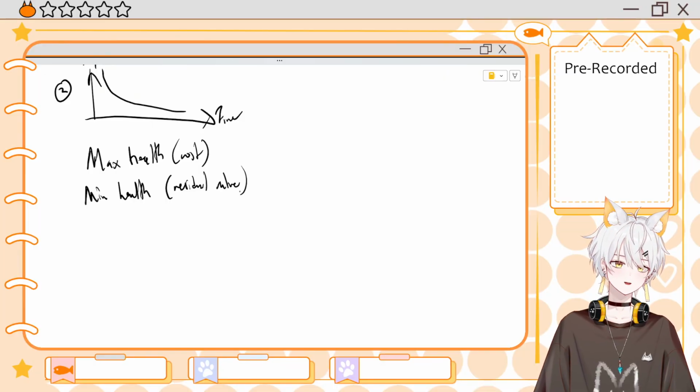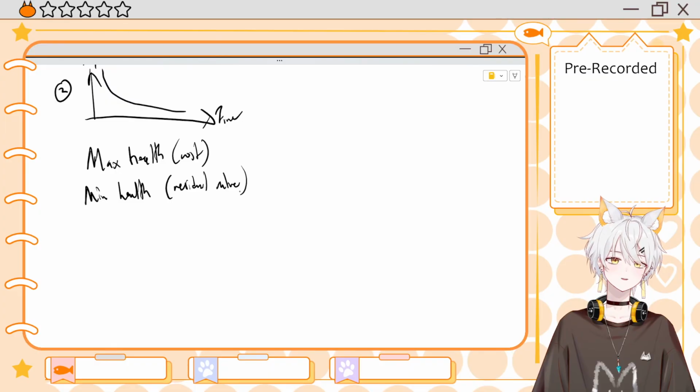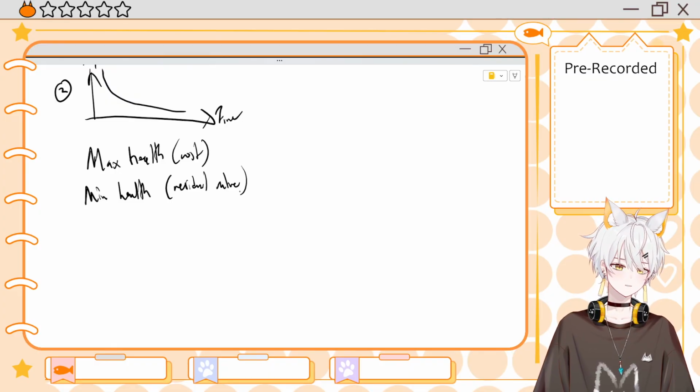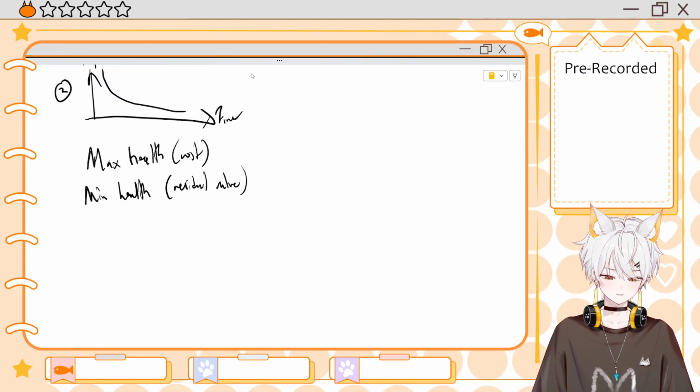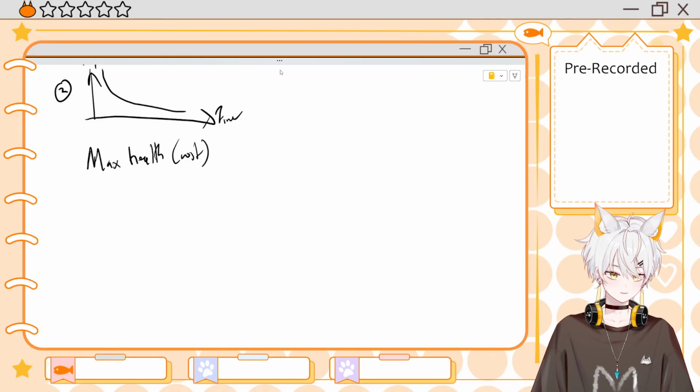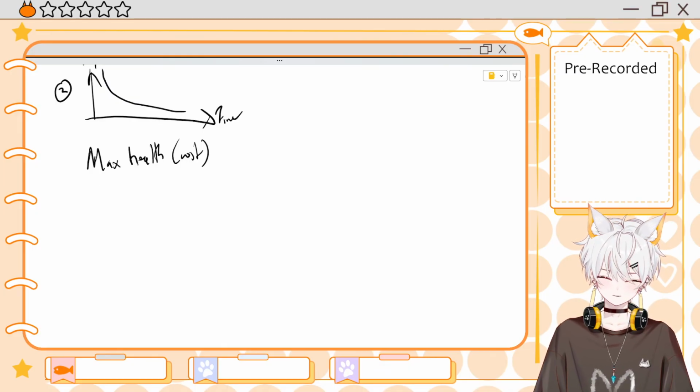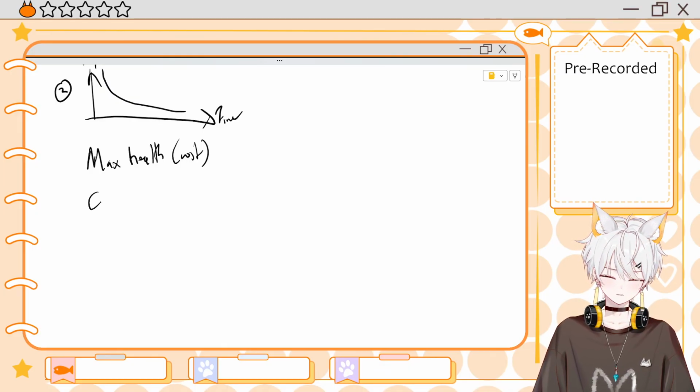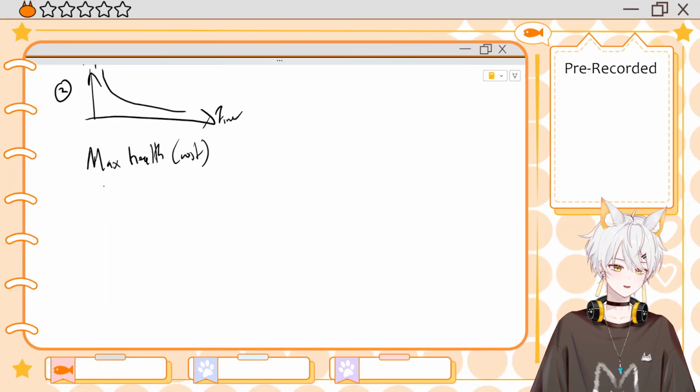Okay, and for this calculation, residual value isn't relevant. I could include it, but honestly, I'll just take it out to avoid confusing you guys. And then you have something called carrying amount. This is something new, I'll explain it later on.